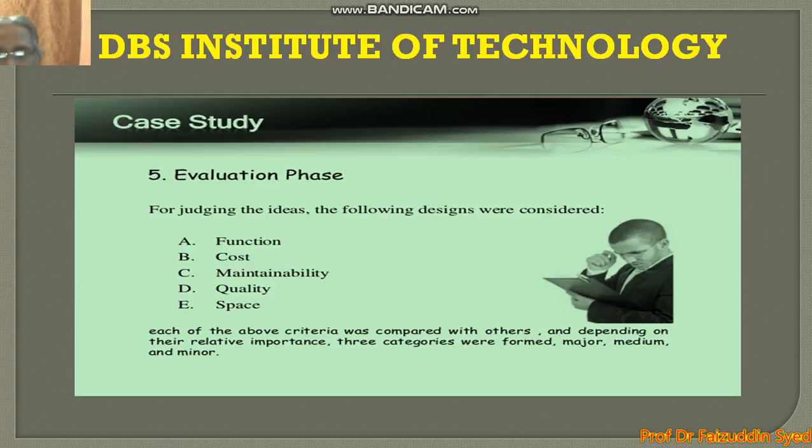Generally, customers require more functions for a product and they want to pay very little for it. That is, the cost should not be more, but they want more functions. Maintainability.